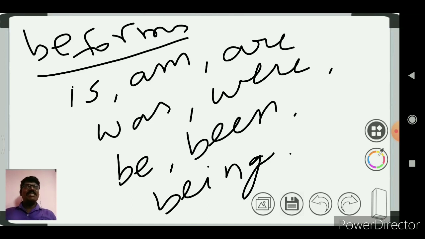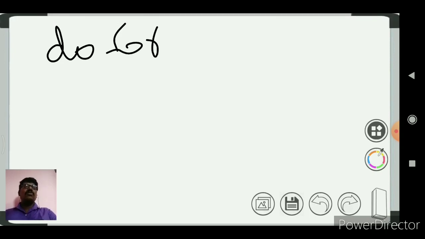Once again, is, am, are, was, were, be, been, being. Hope you are noting down the be forms. Please note down. These are all be forms. And the second one in the primary auxiliaries are do forms. What are the do forms, sir?